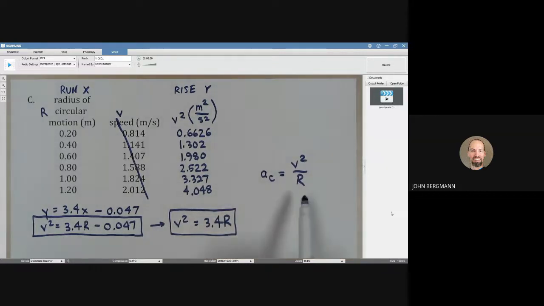And you can see here that if I put r next to the a sub c, I get r times a sub c is equal to v squared. So in this problem, circular motion, the centripetal acceleration is going to be 3.4. Let's put a unit on there. Acceleration is always meters per second squared. So they might ask you that extension question related to this data.